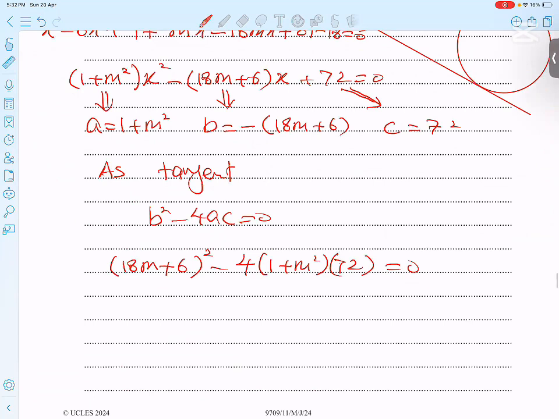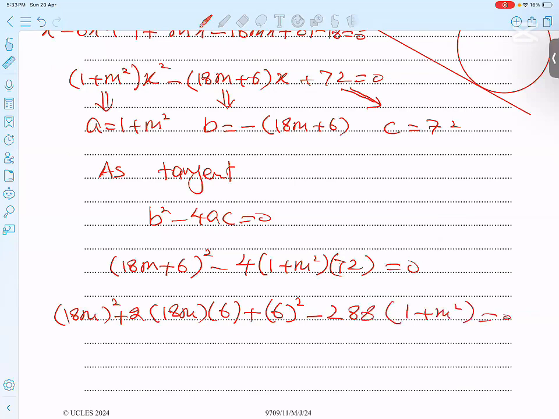Again, I have to use the squaring identity, and it comes frequently, so the best idea is to memorize this technique as early as possible. I can do a shortcut too, which I will teach you. And 4 times 72, I got 288, times (1 plus m squared) equal to 0.